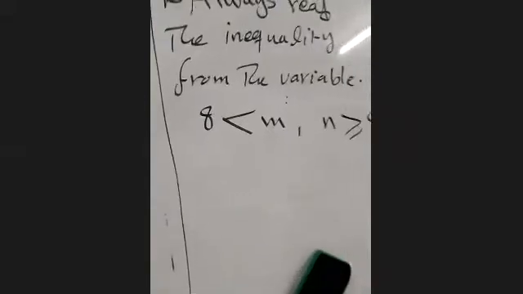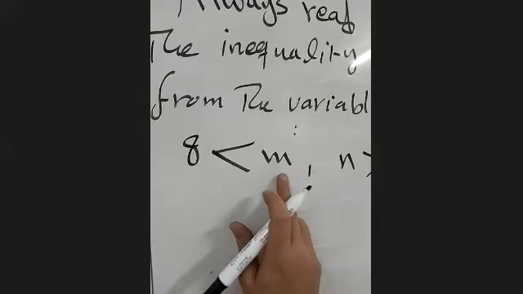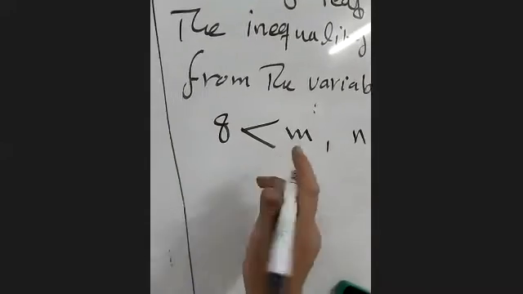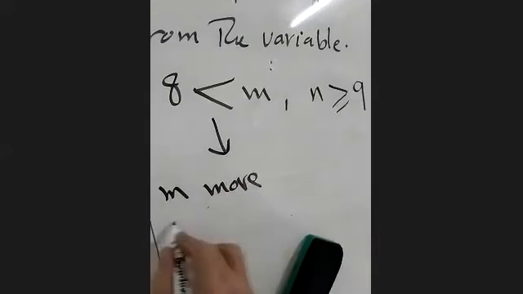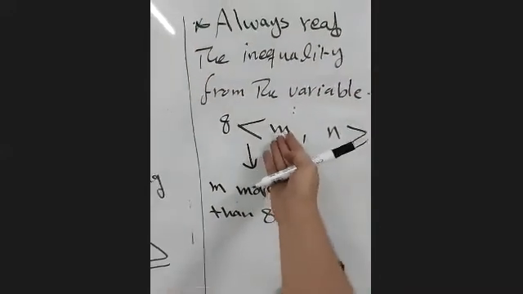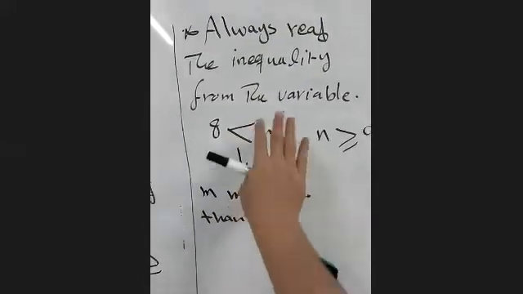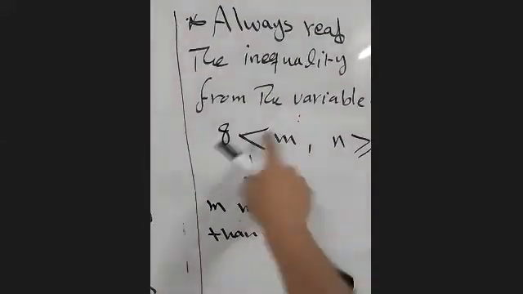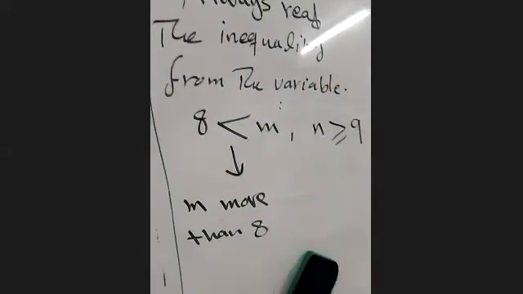No. Read it from the variable. Here we say m more than 8. So I read it from the right because the variable is on the right. You know that the open side is the bigger one. So m more than 8. Don't say 8 less than m. No, we don't want that.